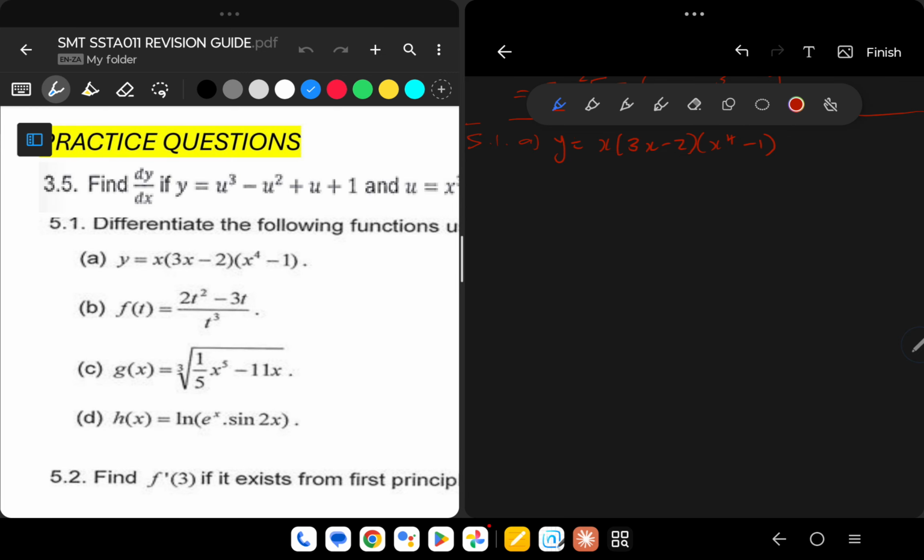So before we can derive it, let's try and see if we can put the equation in a good manner that will allow us to work with it.